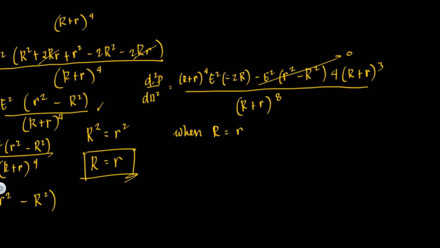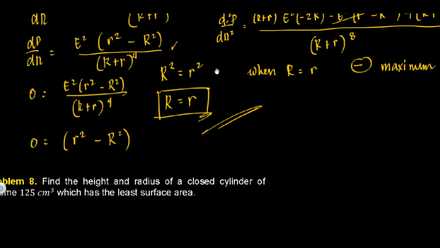See? So, kung negative yan, meaning maximum. There, di ba? Maximum. So, the maximum power when big R is equal to small r. You know? Yun. So, may encounter nyo to sa circuits. Maximum power transfer. Okay?